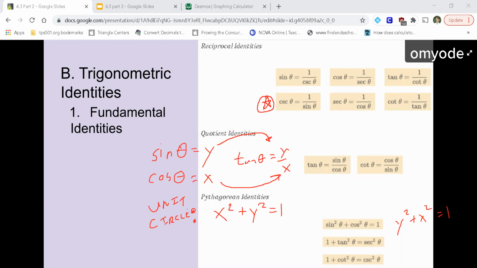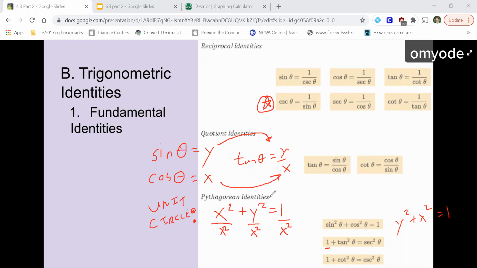The rest of these two follow directly from this definition as well. If you take your formula here and divide everything by x squared, x squared divided by x squared is 1.